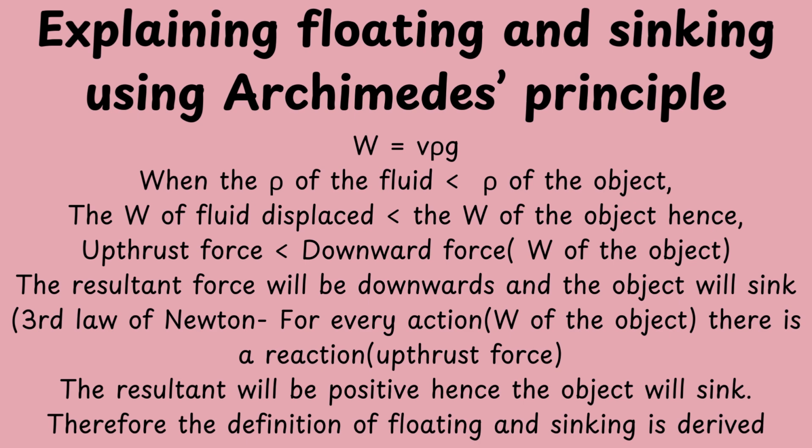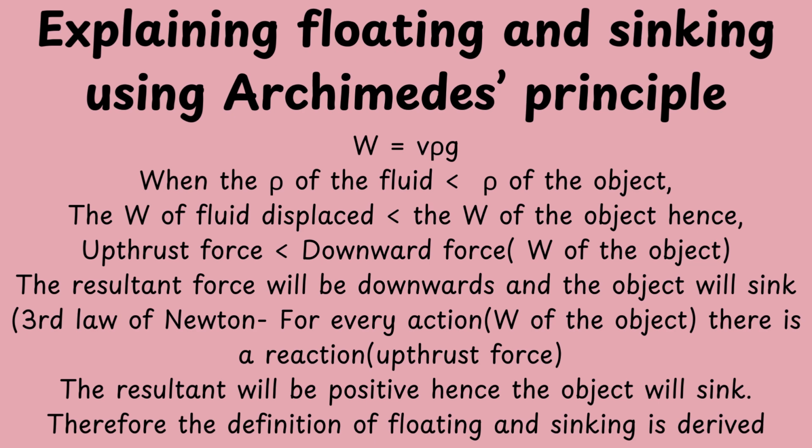Now I was explaining that the scenario we are using is when the density of the fluid is less than the density of the object. Density is directly proportional to weight. So when the density of the fluid is less than the density of the object, the weight of the fluid displaced will be less than the weight of the object.